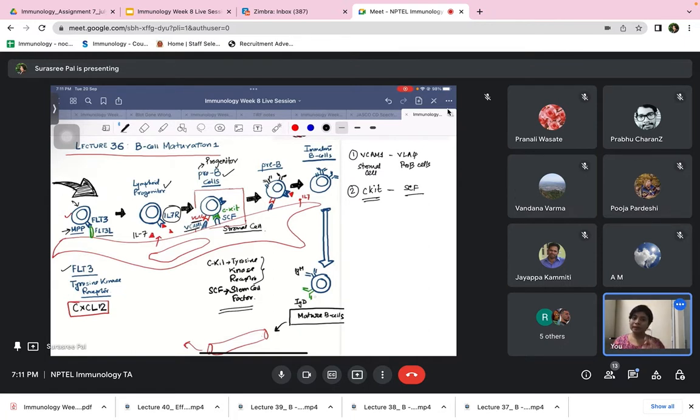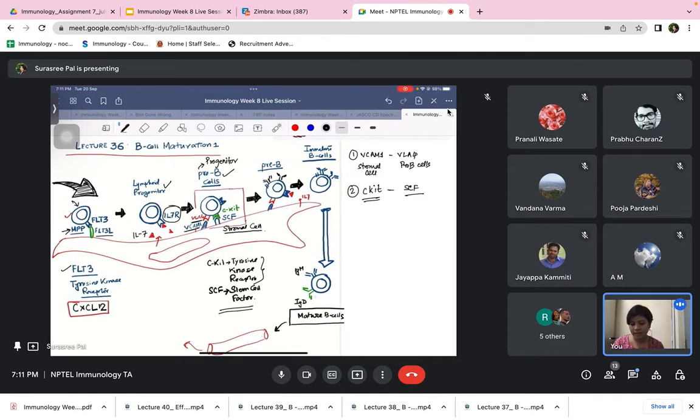So now the pre-B cell which are developing, it will move away from the stromal cell, or the binding between the stromal cell and the B cell will dissociate. For that, this binding of IL-7 to the IL-7 receptor has a very important role.